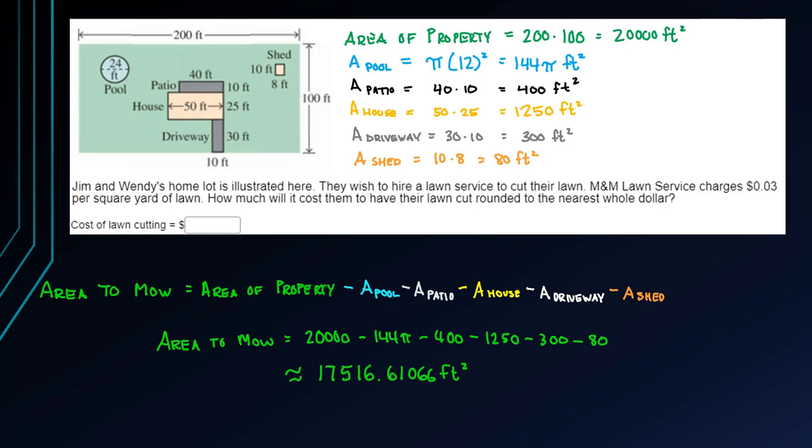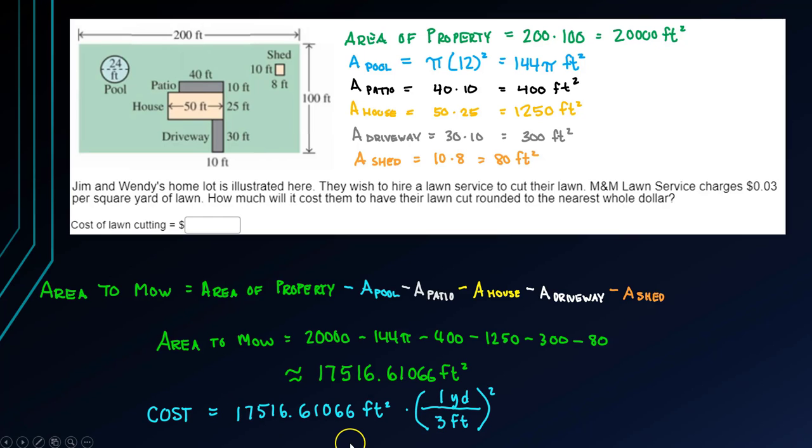Now, the cost we're given is a rate per square yard, and I currently have a value in square feet. So to start figuring out the cost, the first thing I have to do is convert square feet to square yards. I know there's 1 yard in 3 feet, so if I take that conversion and square it, that's going to cancel the square feet and give me square yards.